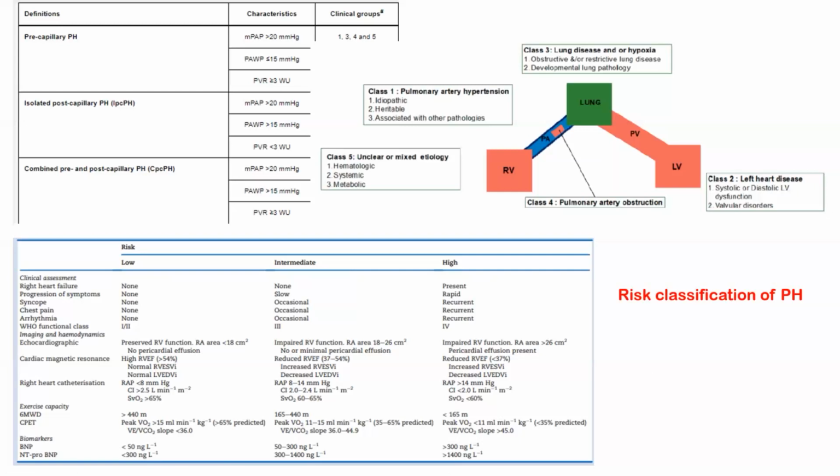So, why do you want to do this risk stratification? Because low risk patients will not give you any trouble. You can manage them in the normal way by preventing any further rise in the blood pressure. Whereas high risk patients are always in imminent danger of acute right ventricular failure on the table, which will go on to affect the left side function also.